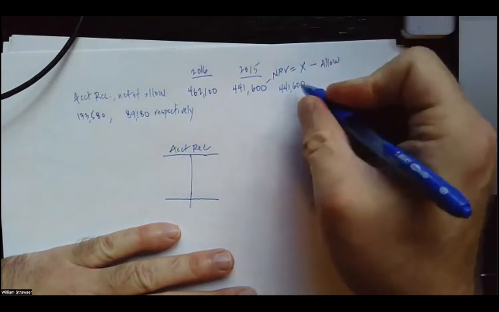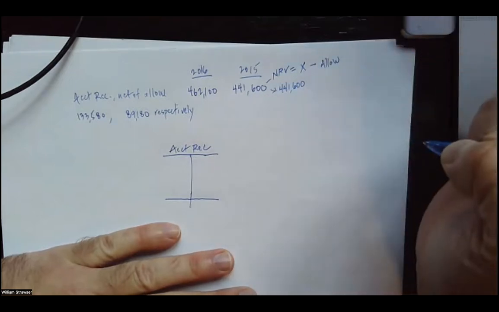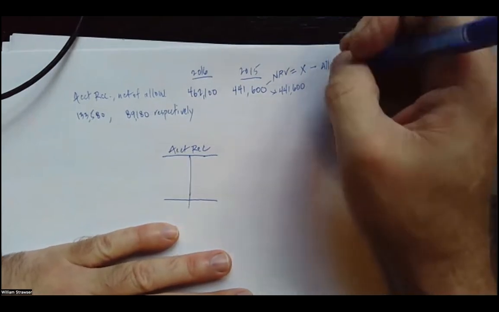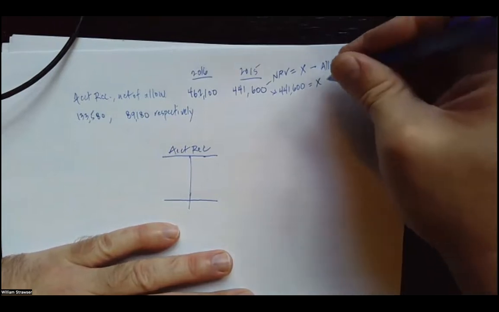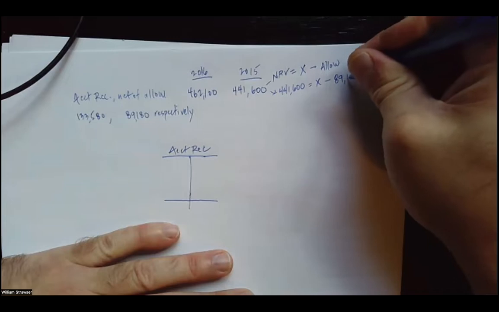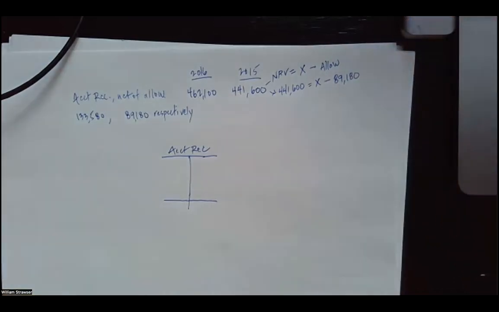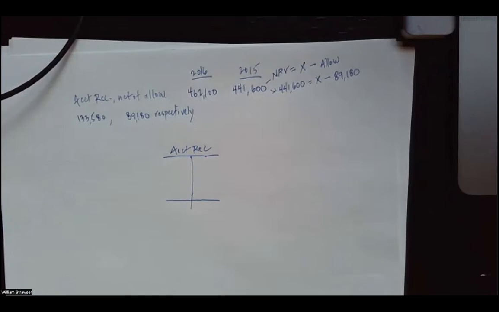For example, 2015, the net realizable value was $441,600, and that equals whatever the amount of receivables I have minus 89,180. And so in order to find the amount of receivables, I would just add that back to my amount.